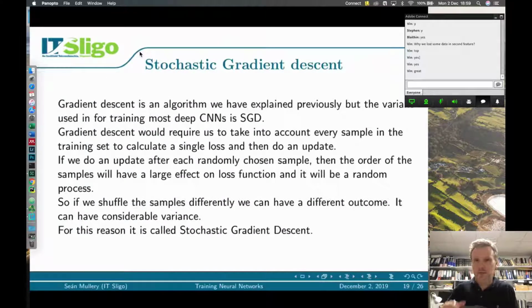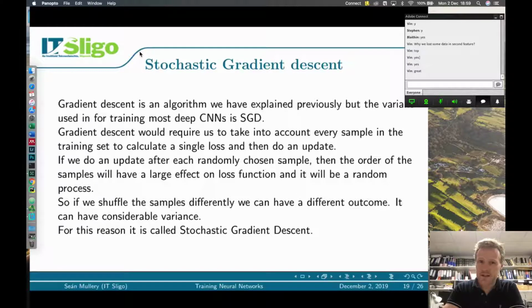Now I've mentioned gradient descent, and we've described that algorithm and how it works. We've mentioned stochastic gradient descent, but I just want to formally cover it here. Stochastic obviously refers to random or probabilistic systems.